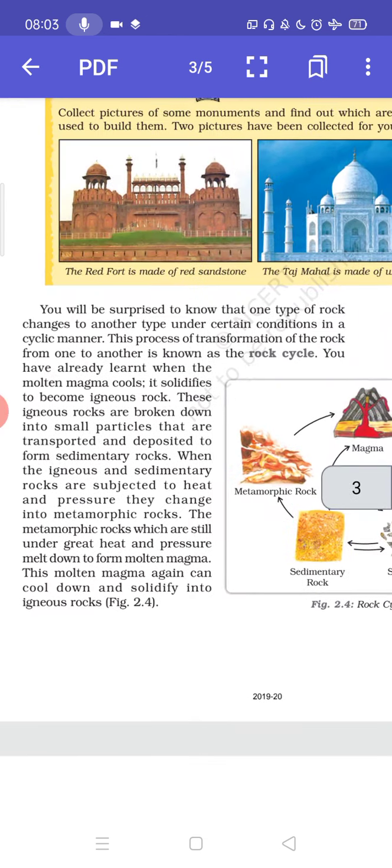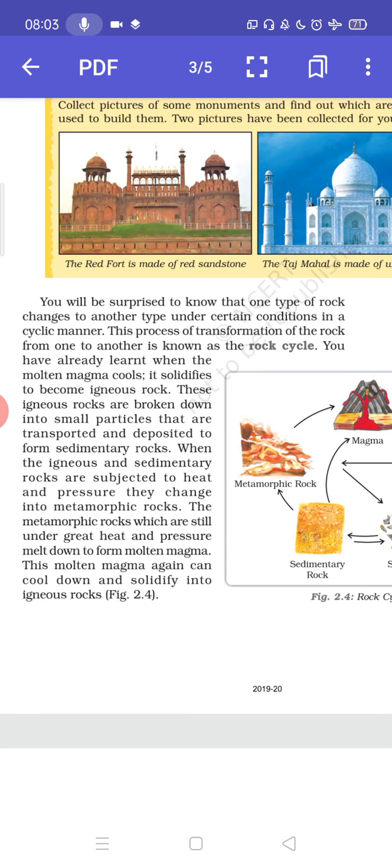You will be surprised to know that one type of rock changes to another type under certain conditions in a cyclic manner. This process of transformation of the rock from one to another is known as the rock cycle. You have already learned when the molten magma cools, it solidifies and becomes igneous rock. These igneous rocks are broken down into smaller particles that are transported and deposited into sedimentary rock.